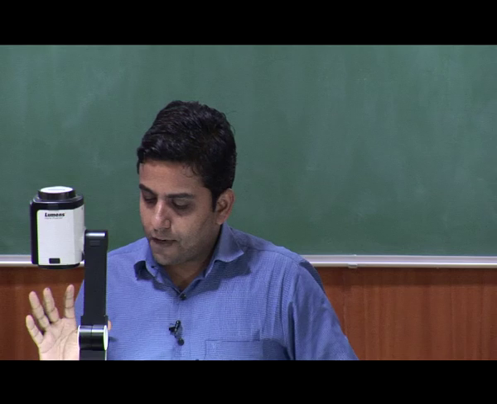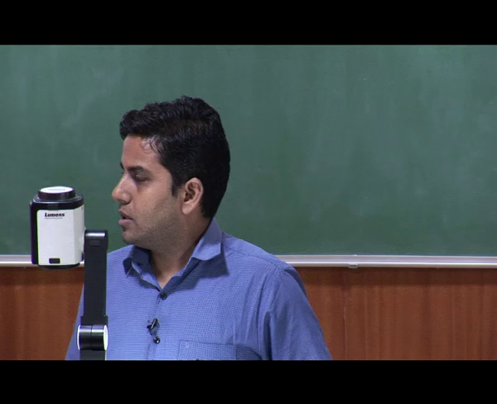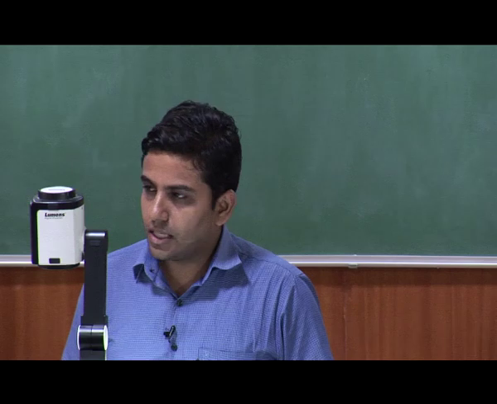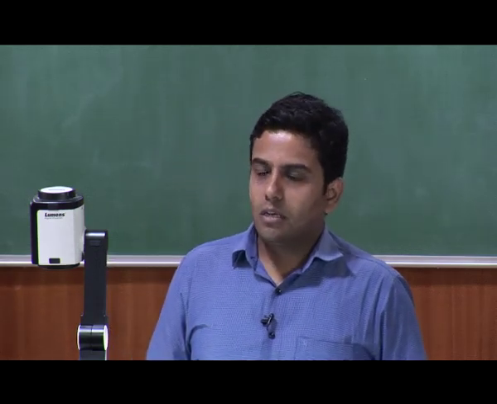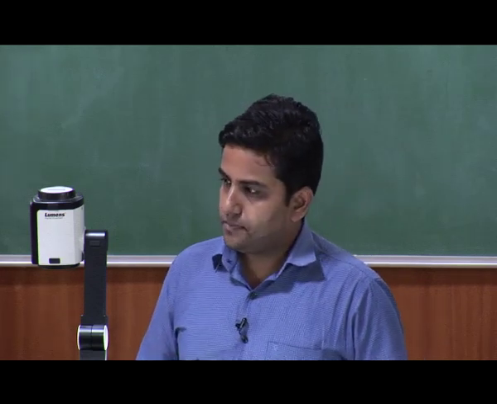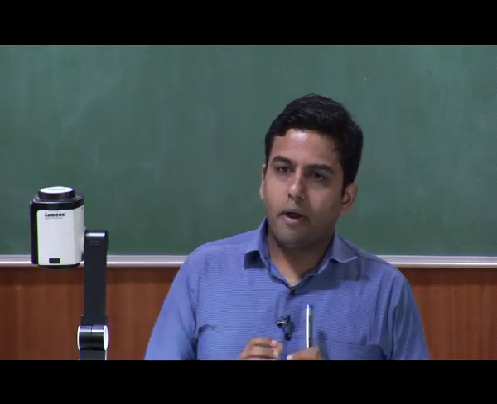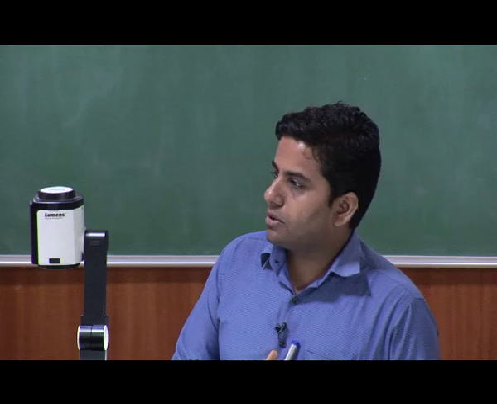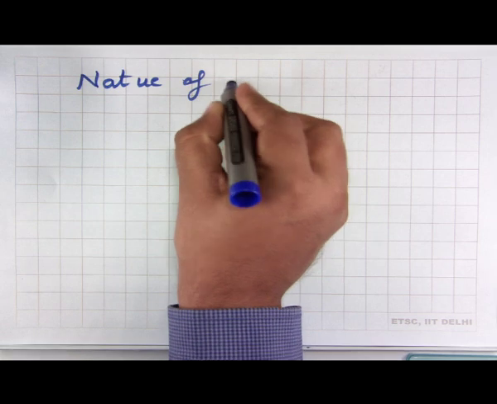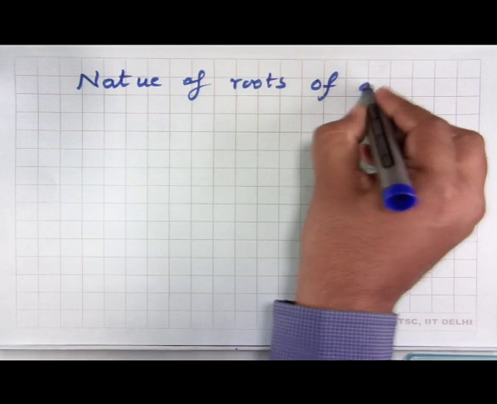Now after finding the roots, we will discuss the nature of the roots: whether they are real, imaginary, distinct or the same. Without finding the roots, we can find out the nature of the roots of a quadratic equation.